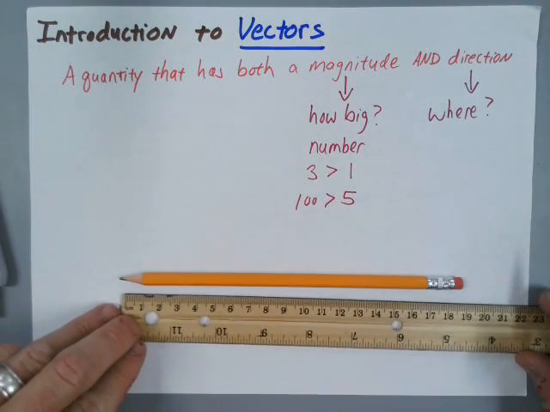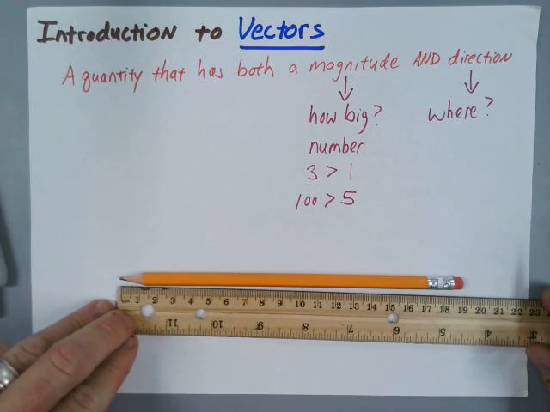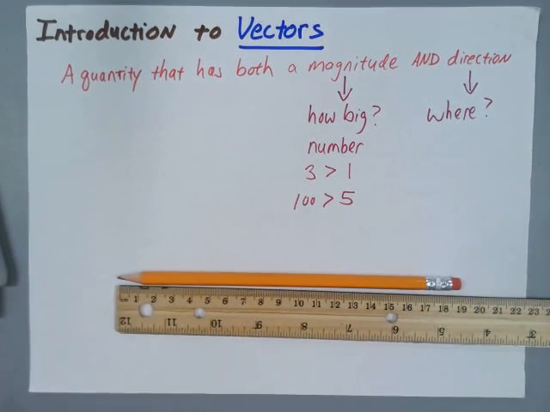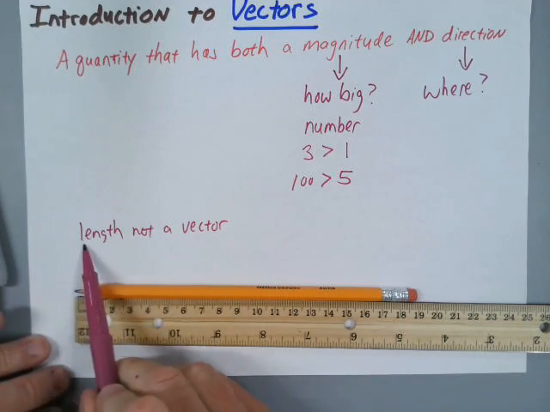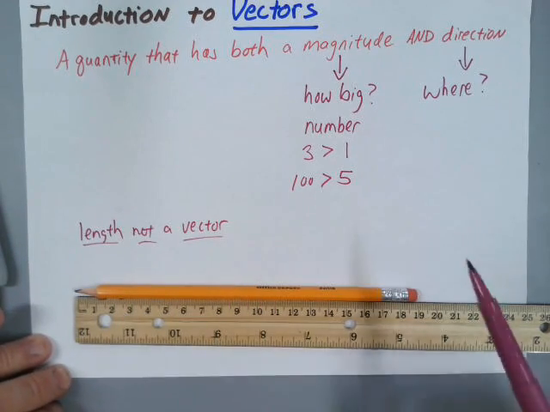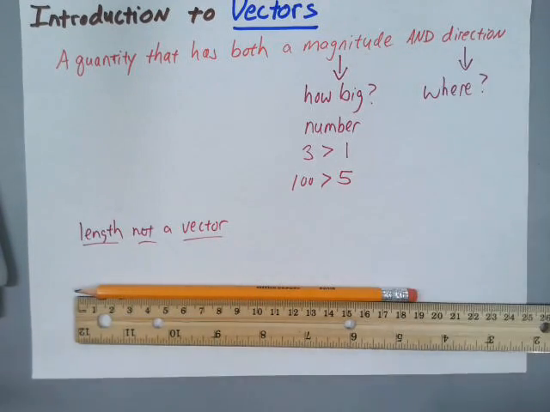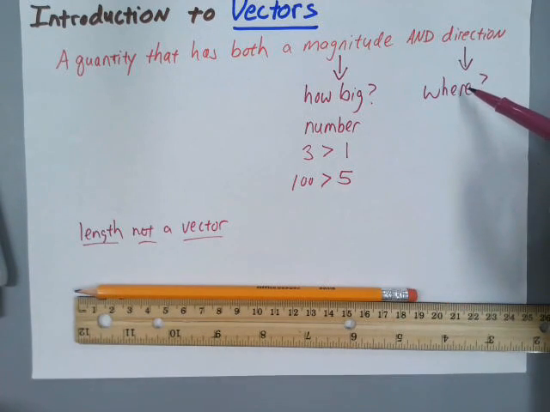So we take this pencil, and it's a measure that we can make. We can measure the length of this pencil. Length of a pencil is not a vector. Here's why length is not a vector. There is a magnitude, there is a how big to this, but there isn't a direction.